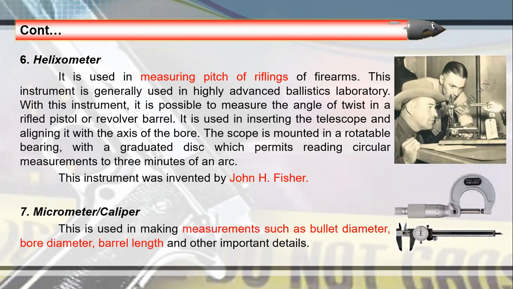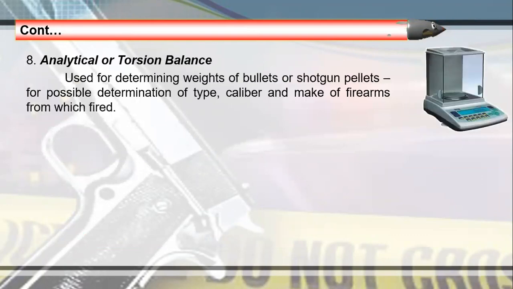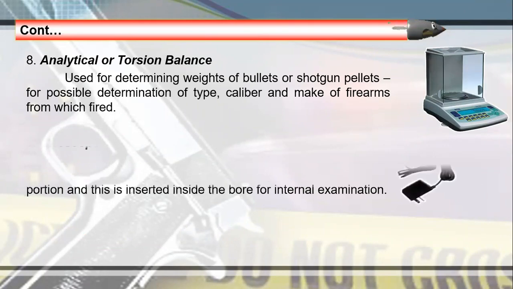Micrometer or caliper, ito naman ay ginagamit natin para masukat yung diameter, bore diameter, barrel length. Yung micrometer, ang pwede niya lang sukatin ay outside diameter. Yun namang caliper, pwede niya sukatin yung inside diameter and outside diameter. Analytical or torsion balance. Ginagamit natin sa pagtitimbang lang ng mga bala, pulbura, basyo, para ma-compare natin yung kanilang weight.